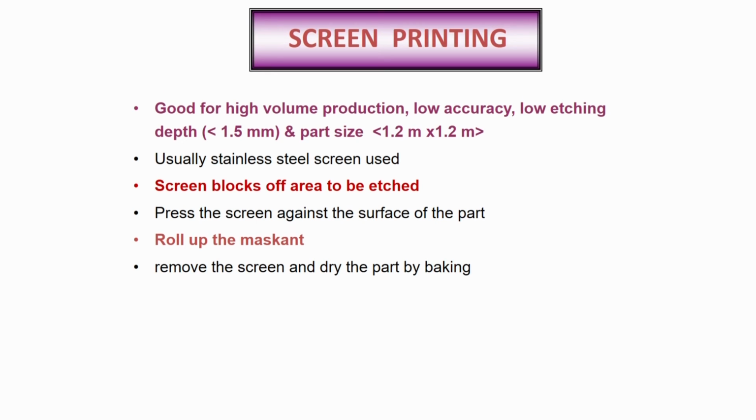After that, the second option is the screen printing method. The screen printing method is used for mass production where less accuracy is obtained. Here one screen is used. It may be made of stainless steel.